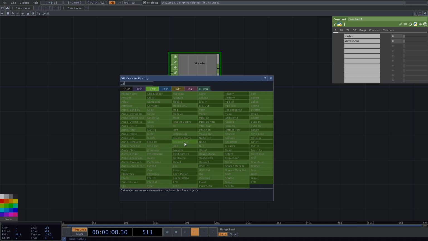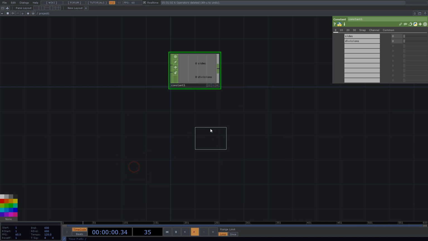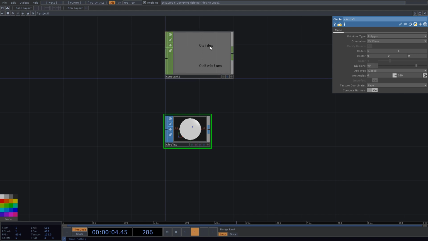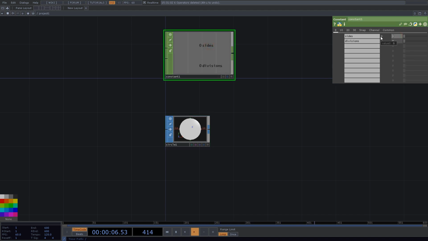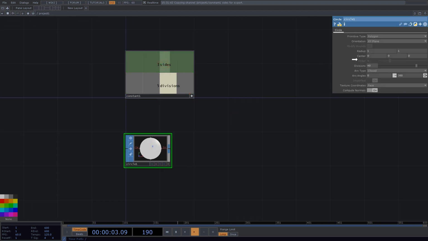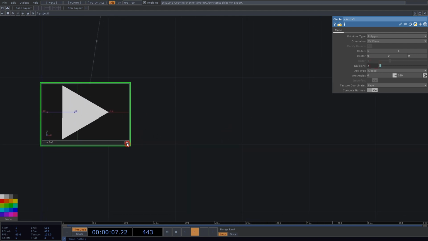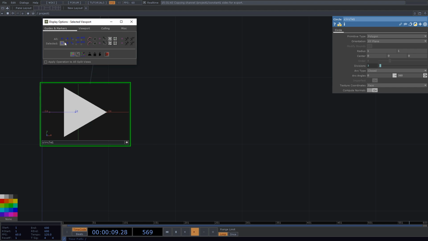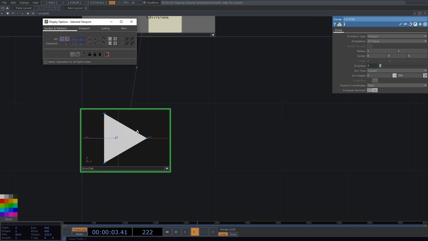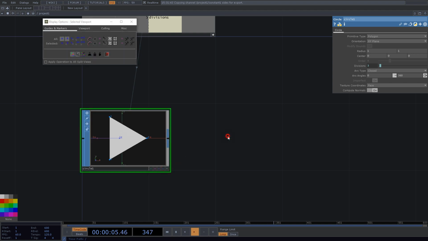So we use circle SOP, and for the division we go with sides. Let's set 3 for sides and 5 here, and okay, let's go with 3 sides, and let's see the points here.